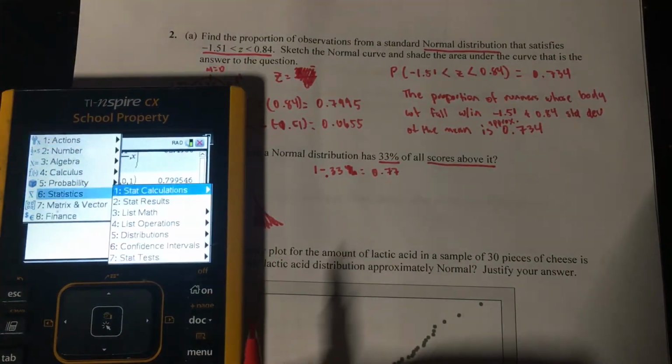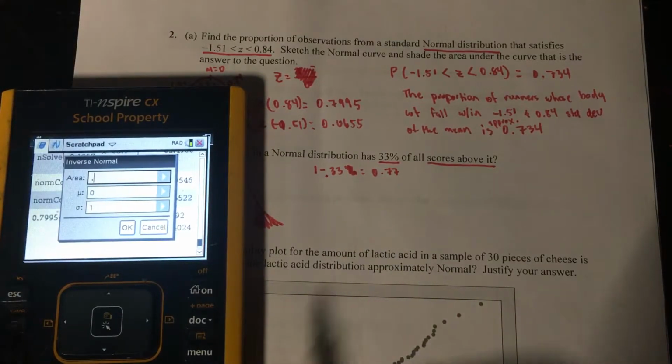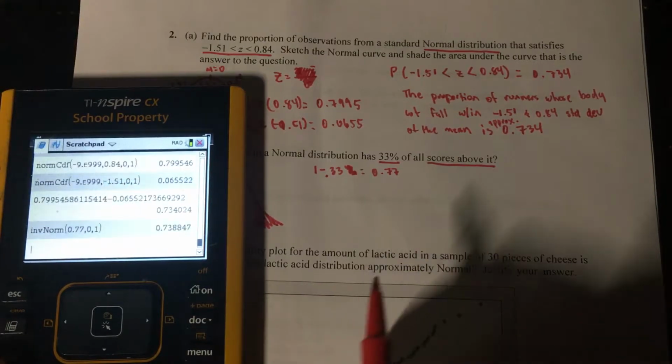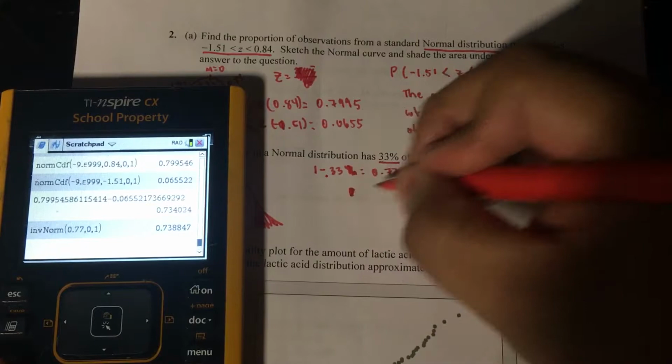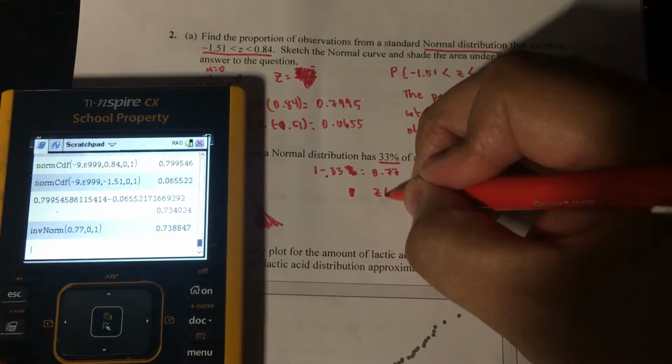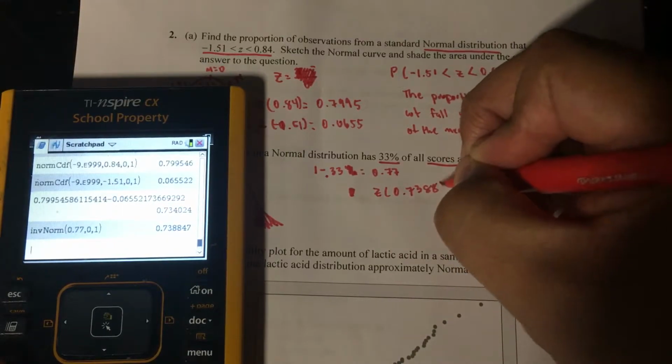So I would do the inverse value here: 6, 5, inverse normal. The z-score that's associated with that is 0.4399.